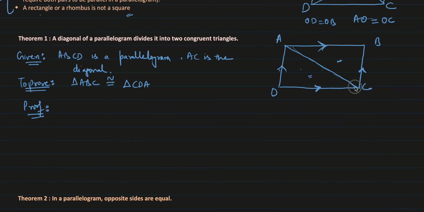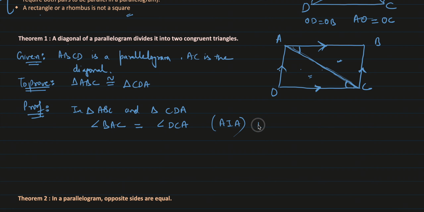As AB is parallel to DC, AC is the transversal, right, dear student? So I can say this is equal to this. So in triangle ABC and triangle CDA, angle BAC is equal to angle DCA, alternate interior angles.